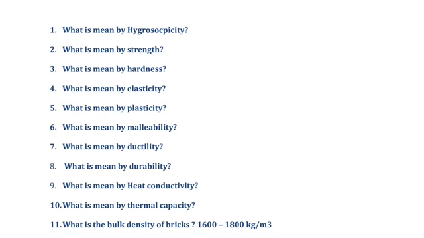This is called hygroscopicity. And second one is what is meant by strength. Strength we already know. Strength is nothing but the ability of a material to resist failure under the action of stresses caused by the loads. So please remember, strength is nothing but the ability of material to resist failure under the action of stresses.